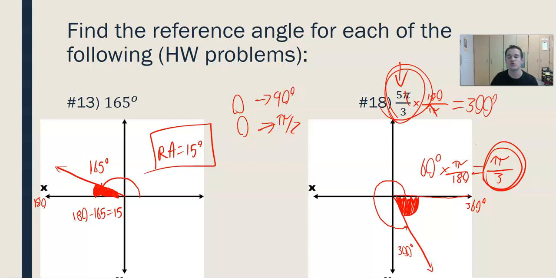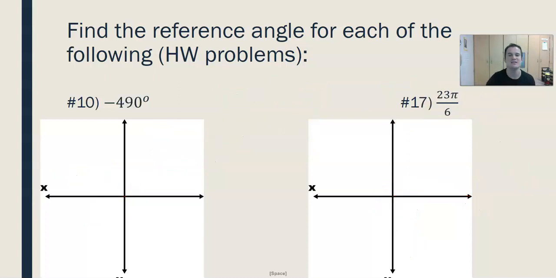It's going to be extremely helpful to be able to calculate sine, cosine, and tangent values and other trigonometric functions when the angles are easier to work with, more specifically when they're in this reference range. So that's why we're talking about this. That's why we want to be able to get pretty good at identifying these.